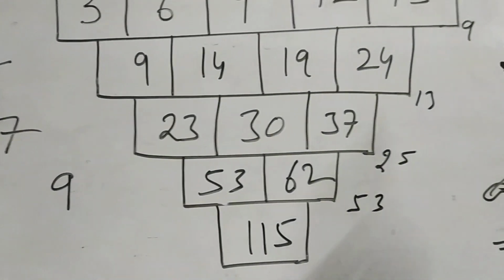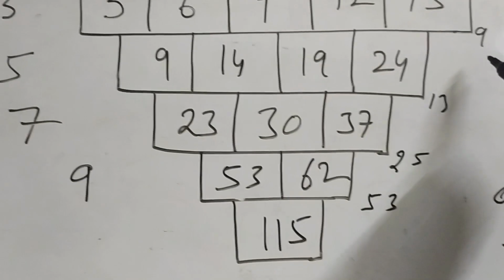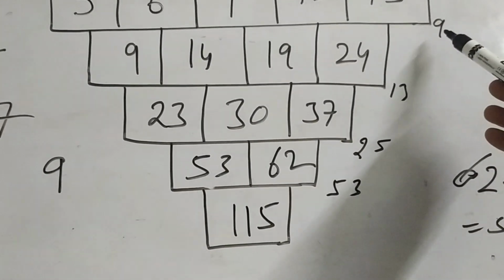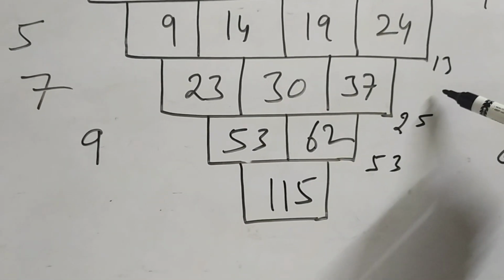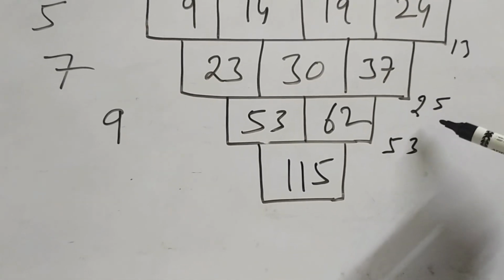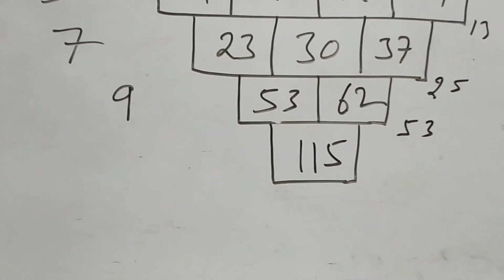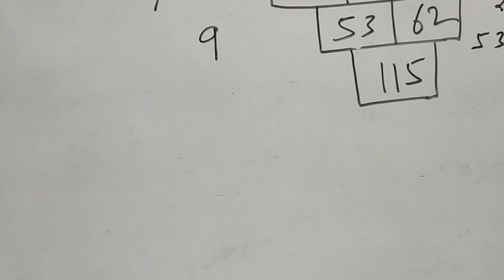So is there any pattern? Anything we can judge from here? Here is 4, here is 12, here is 31, so nothing can be said.